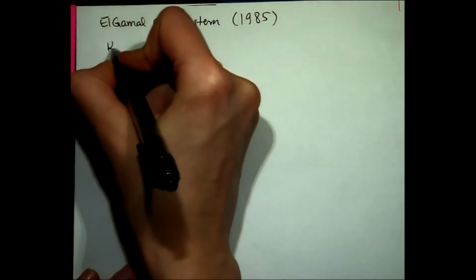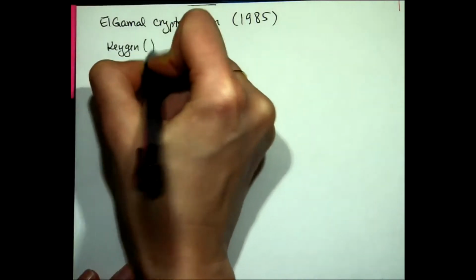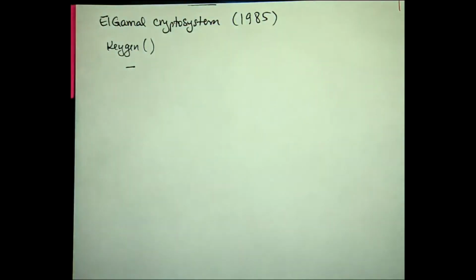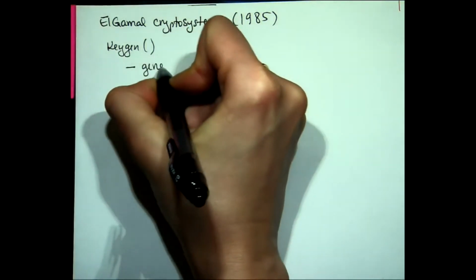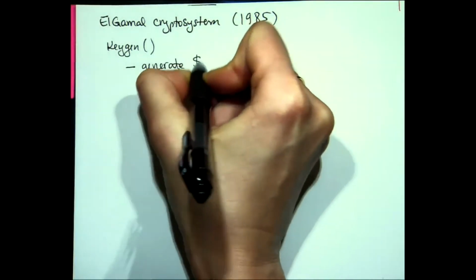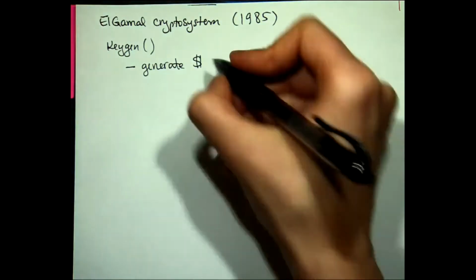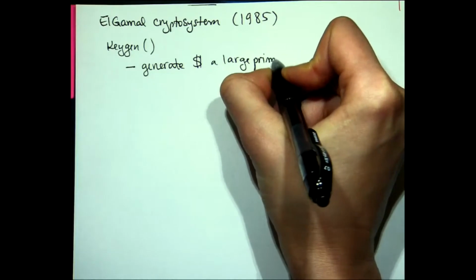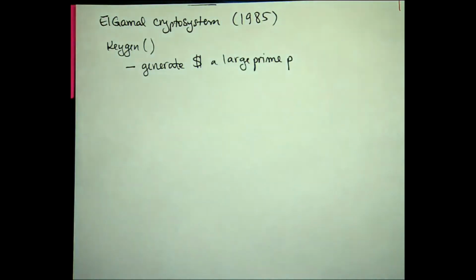So for the key generation, what happens is that we're going to generate a large random prime. Okay, so generate randomly, the dollar sign means random, a large prime P. So how large? Well, it depends on how powerful we think computers are today.